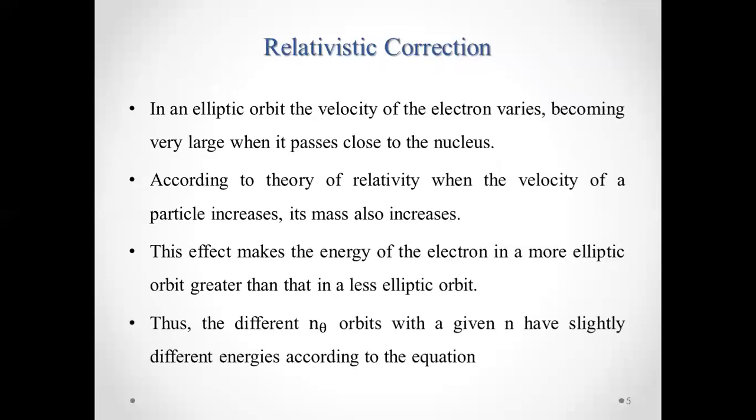Now coming to the relativistic correction. In an elliptical orbit, the velocity of the electron varies, becoming very large when it passes close to the nucleus.